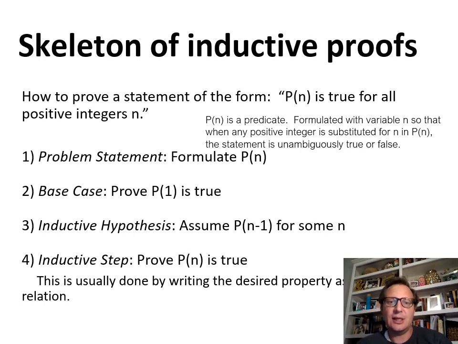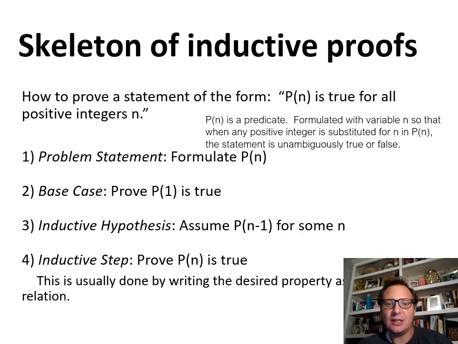Now, this is a typical skeleton, and in this semester, we'll see some variations of this skeleton. For example, a common one is that sometimes it's easier to assume that P of n holds for some n as our inductive hypothesis, and then in the inductive step, we have to prove that P of n plus 1 is true. So that's one common variation.